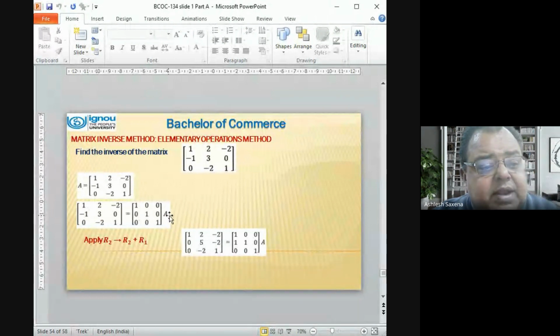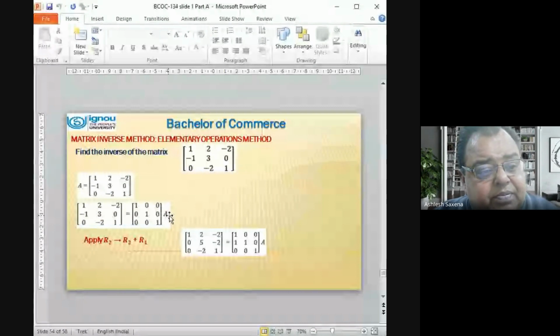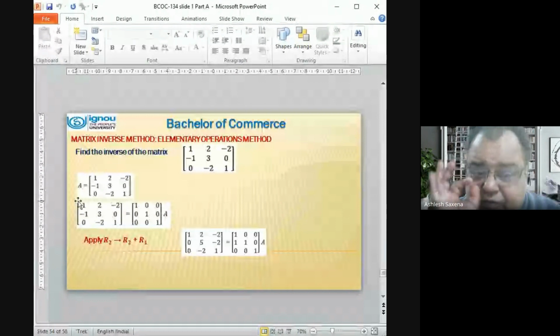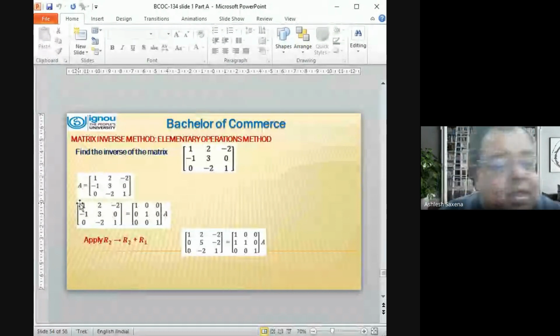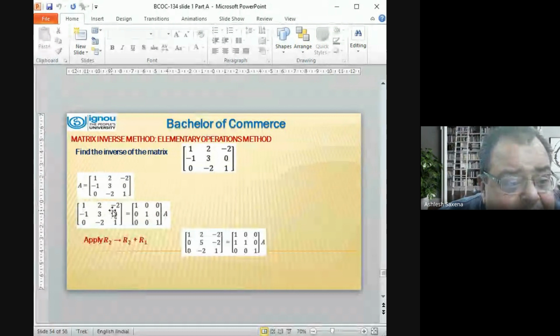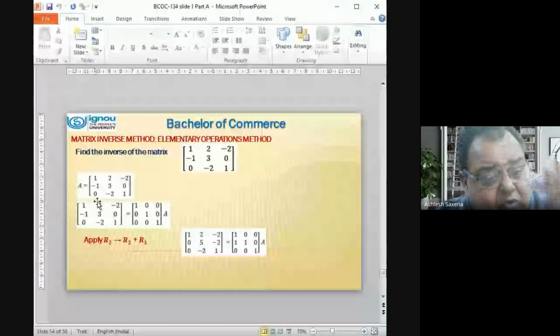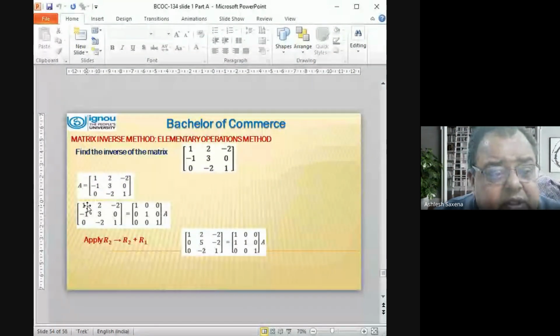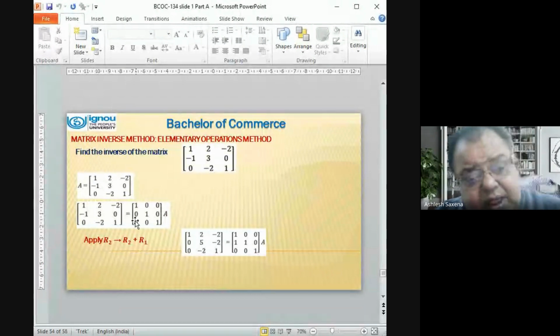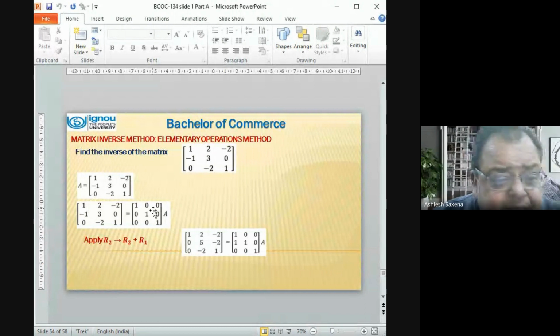Now, listen very carefully. This is the original matrix. In this matrix, we have to convert it into an identity matrix. Number two, whatever operations you perform on this matrix in converting it into an identity matrix, the same operations will be performed on this matrix.